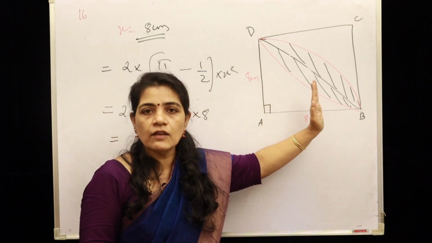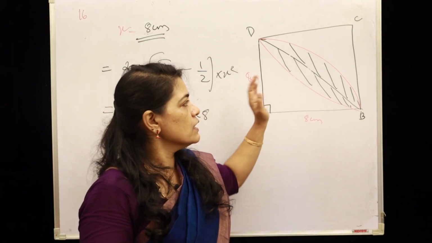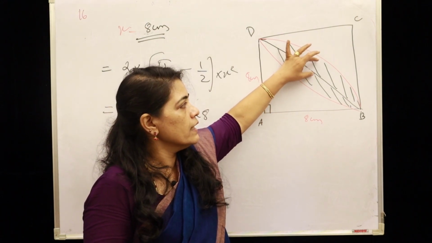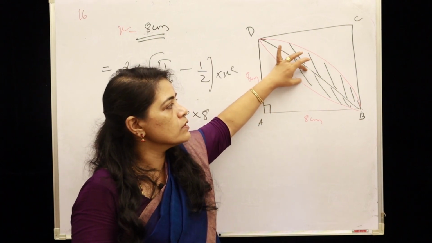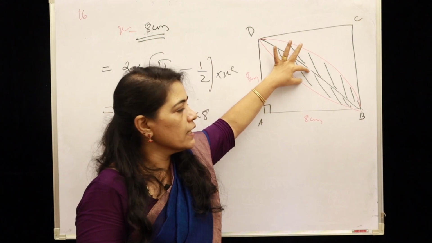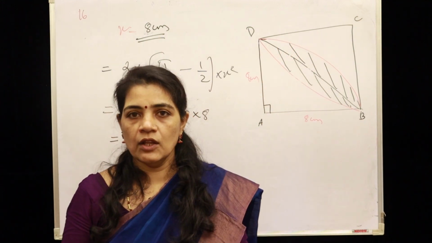That is, this diagonal will give you the idea of a chord with respect to the quadrant, that is the chord and its corresponding arc, and this side also the same idea comes. Okay, that is the corresponding arc and a chord. So this sum will give you the area of the design.